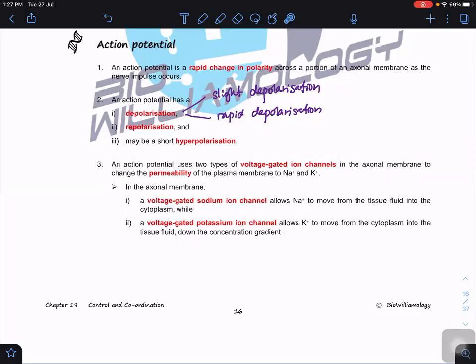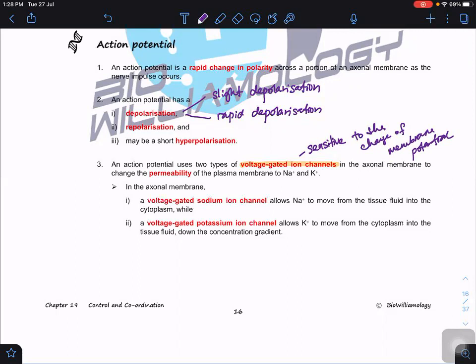This action potential normally uses a special ion channel, the voltage gated ion channel. Voltage gated means that it is sensitive to the change of membrane potential. Usually they are closed unless we have a certain membrane potential, then they will open.